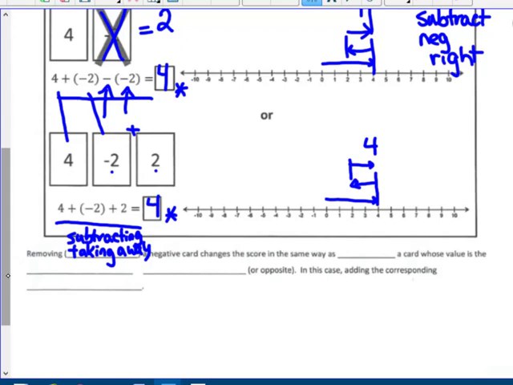So subtracting or taking away a negative card changes the score the same way as adding a card whose value is the additive inverse, the opposite. In this case, adding the corresponding positive card.